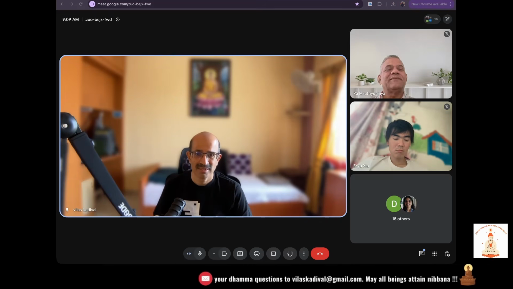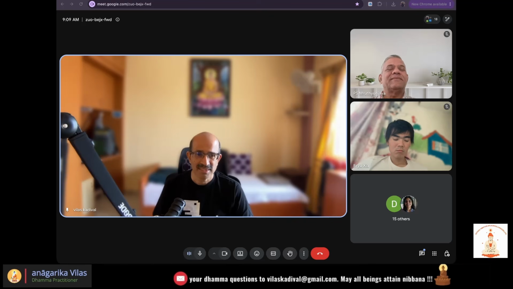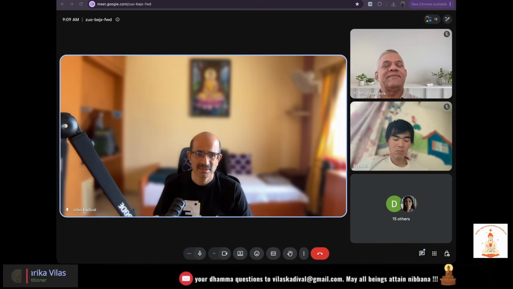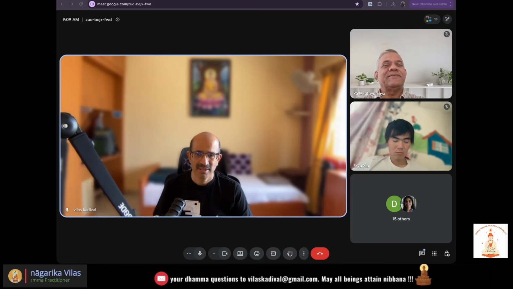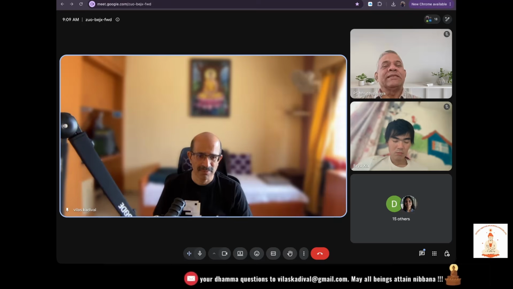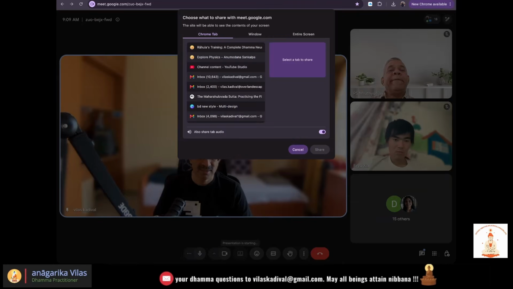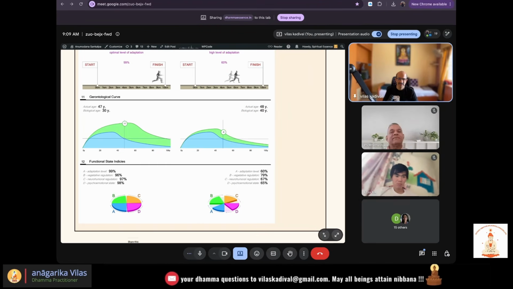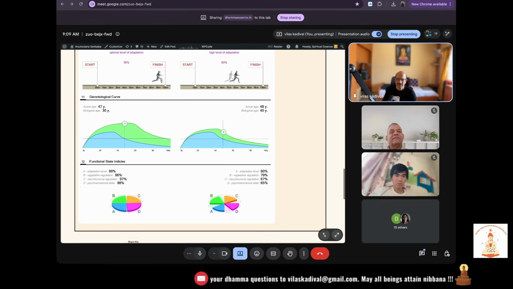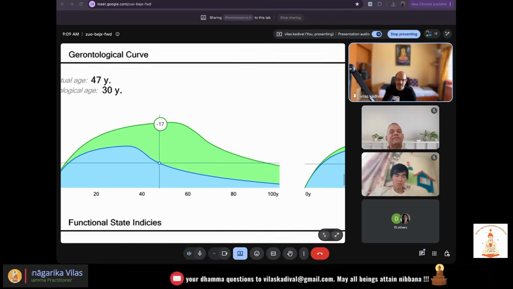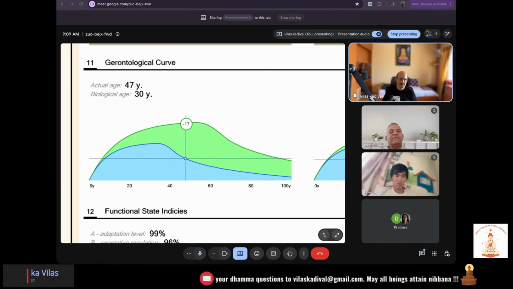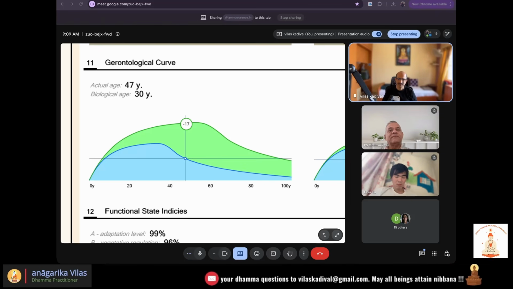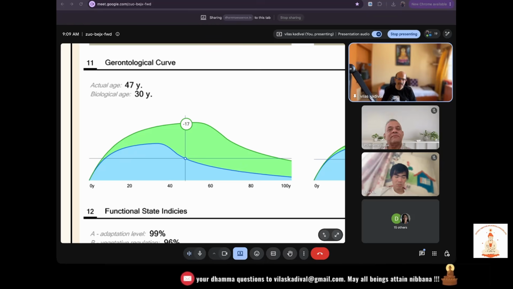And when such a thing is measured using equipment, it would look something like this. This is without disturbance. Look at the biological age.